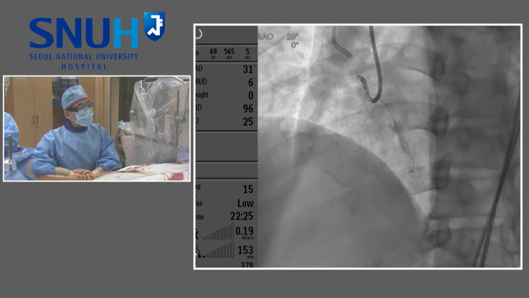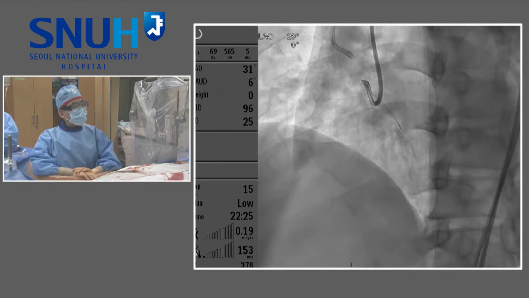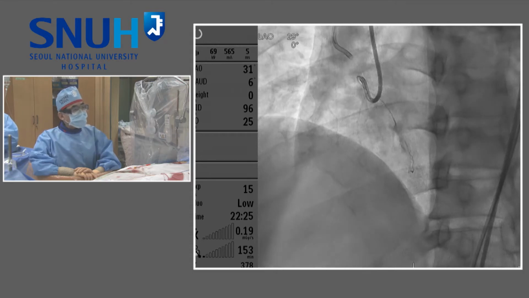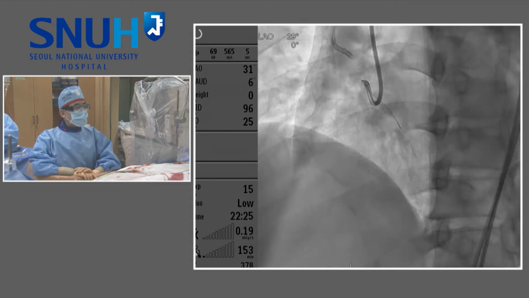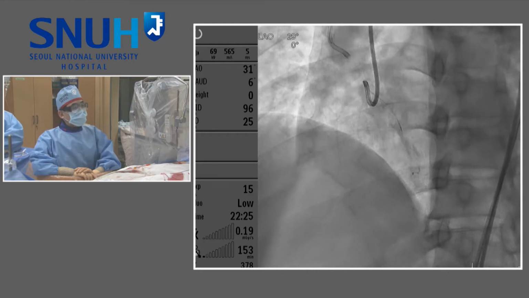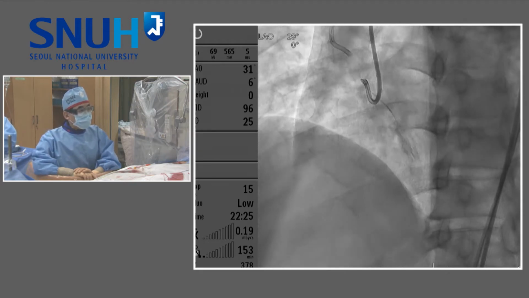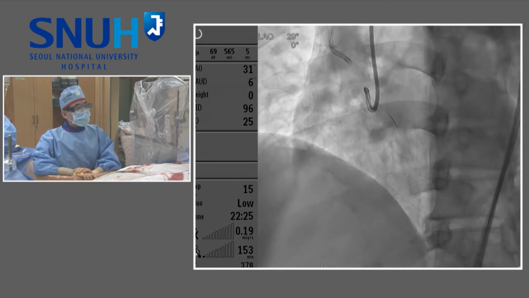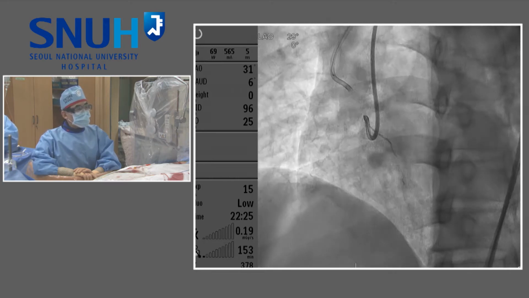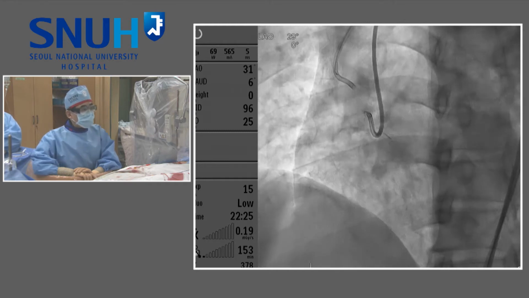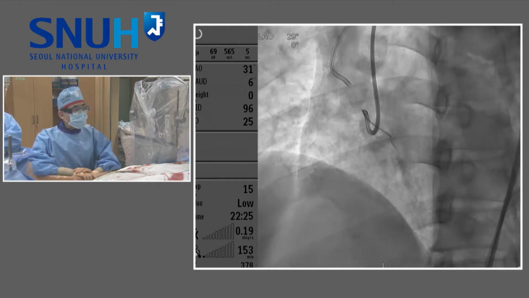Then another angle to spread the tortuous vessels. I did a tip injection. Luckily, there is no damage. A little bit withdraw the Caravel once again. Then I remember the true pathway in this angle.